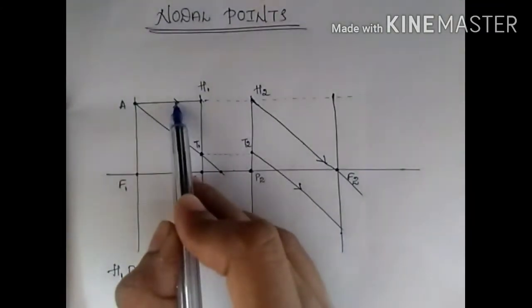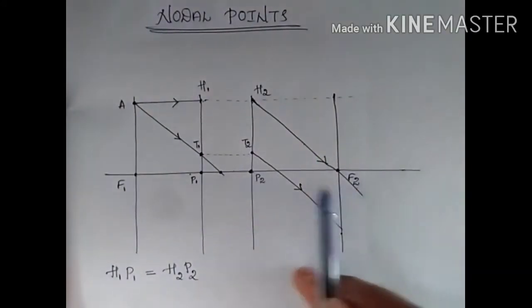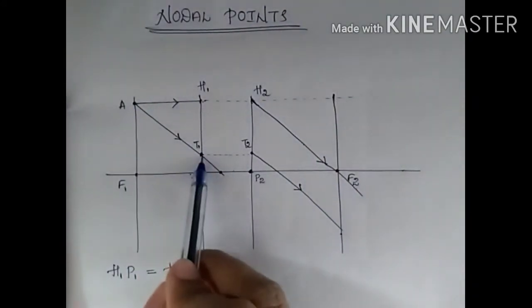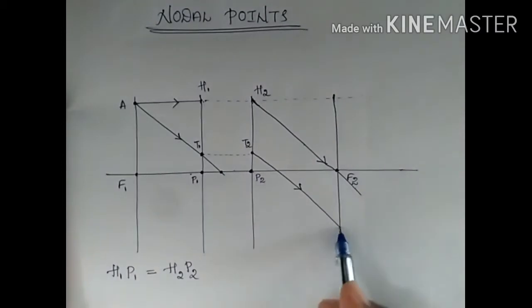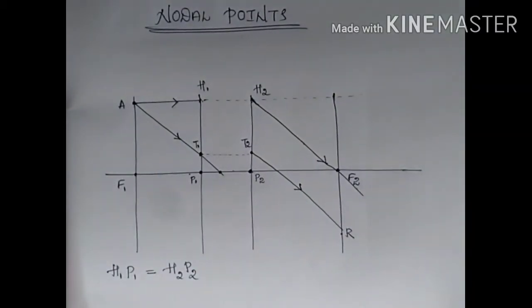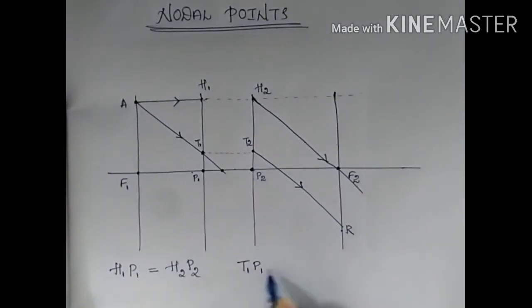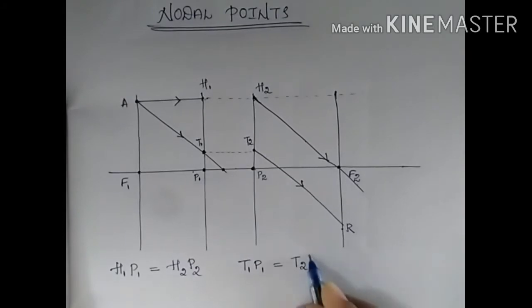So for the H1A incident ray there is an H2F2 emergent ray, and for the AT1 incident ray there is a T2R emergent ray. From the diagram again, T1P1 is equal to T2P2.